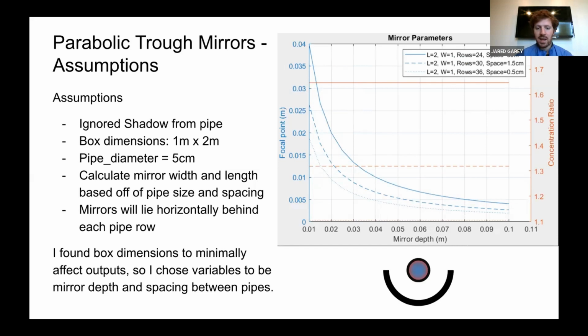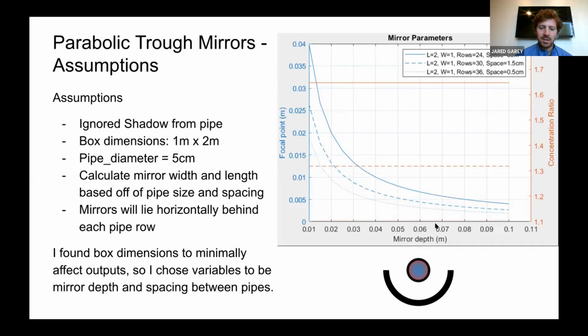Circular mirrors have a focal area. They aren't all constant. So for these calculations, I'm just assuming a parabola. I'm also ignoring the shadow from the pipe, which we'll want to account for later. I'm assuming, just for the sake of cleanness of plots, a 1 meter by 2 meter box size, and again, a pipe diameter of 5 centimeters.